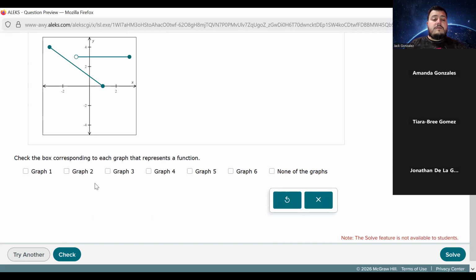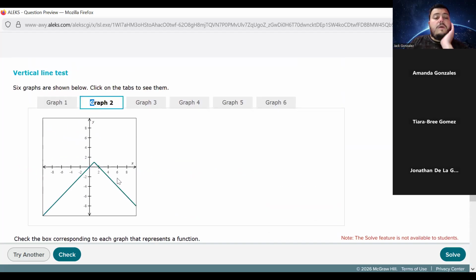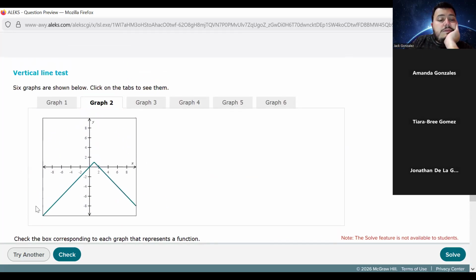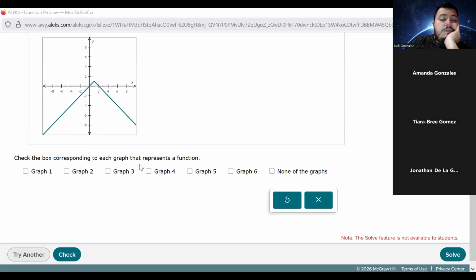So check the ones that are functions. I'm not checking one. What do you guys think about number 2? Is it a function? Can you draw it somewhere that hits twice? So this is a function.